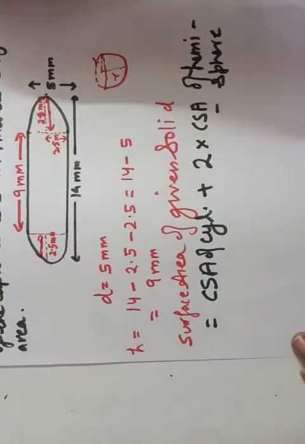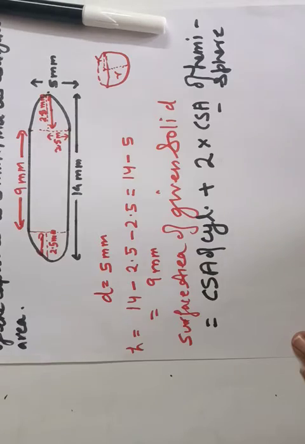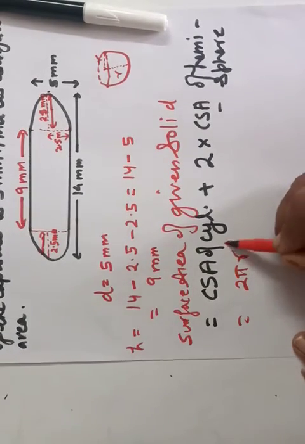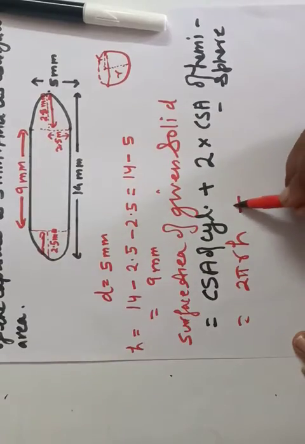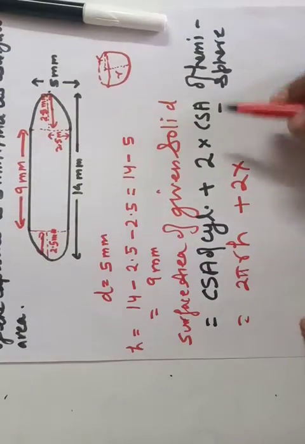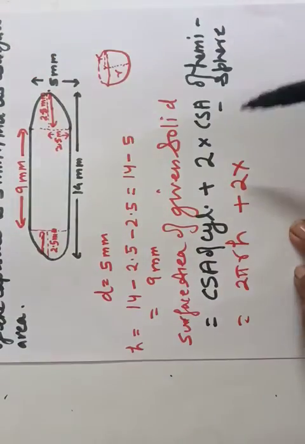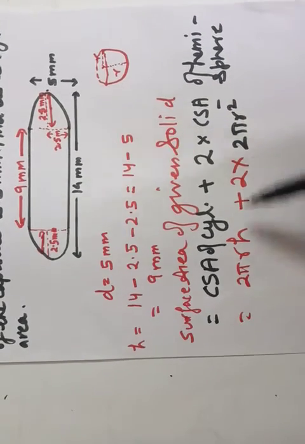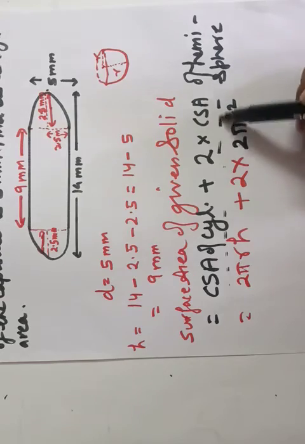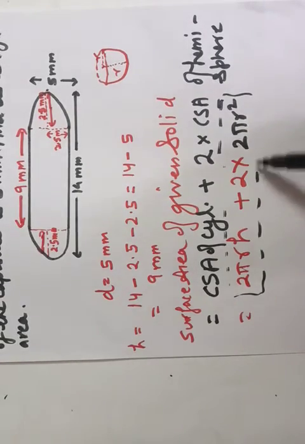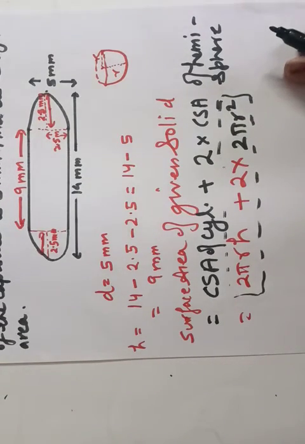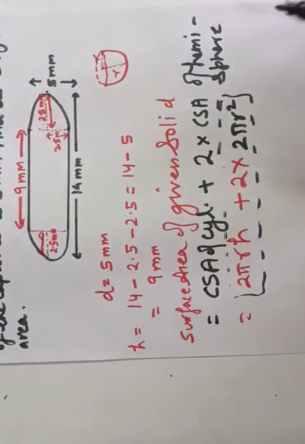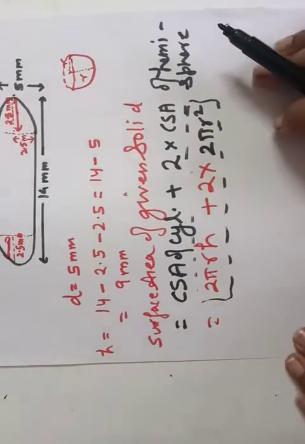So let's write the formula. That will be equal to the curved surface area of the cylinder, that is 2 pi r h, plus twice the curved surface area of the hemisphere, that is 2 pi r square. This is the complete equation from where we can get the surface area of this solid. Now we simply need to put the values here.